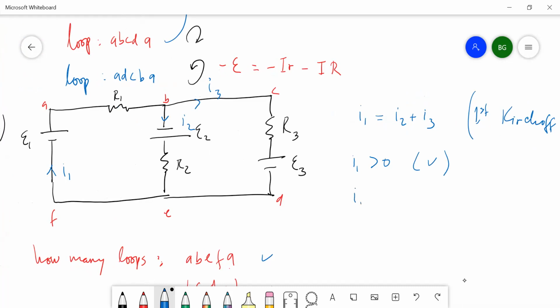If the value of the current is negative, then the direction is the opposite, the other way around.